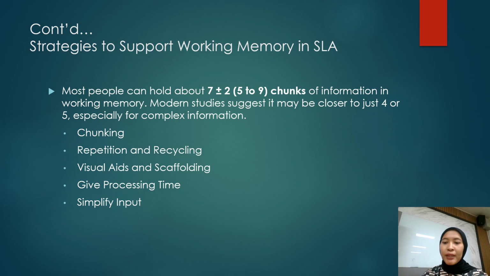So we repeat the information over and over again, or by using visual aids like pictures, video, and so on, and also using scaffolding, or giving more time for our system to process the information. Or we can also simplify the input. So simple input usually is easier to process.